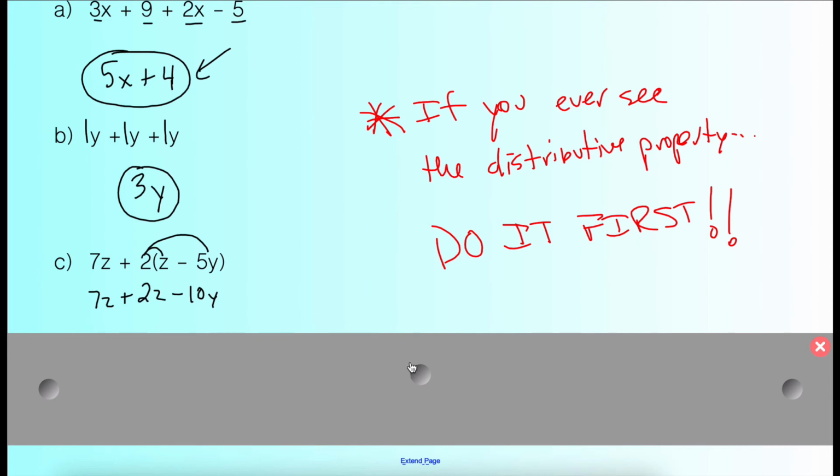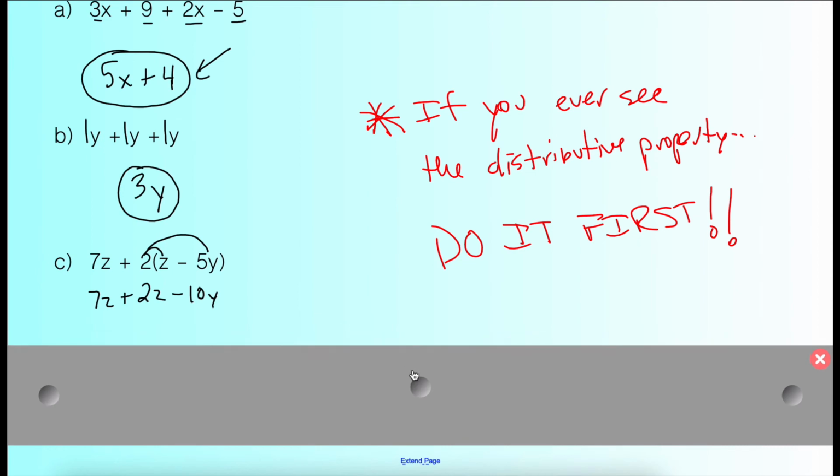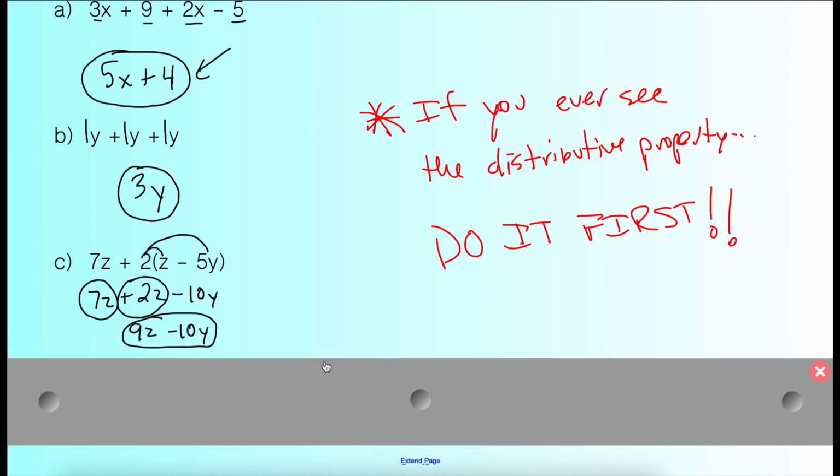Now I can go hunting for like terms, and obviously there's one pair of like terms. 7z plus 2z. Left to right, 7 plus 2 is 9z. And then the minus 10y, we didn't use it. I'm just going to tack it on to the end of the expression.